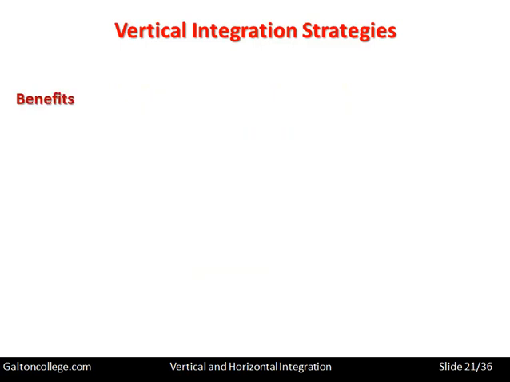Well, the benefits of vertical integration strategies. First of all, it reduces purchasing and selling costs. There's less cost. Discounts don't have to be given, for example, if it's vertical forwards. Discounts to wholesalers and retailers and so on. It's selling more directly to the customer. So in selling, there are benefits.